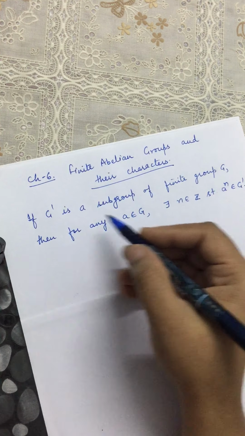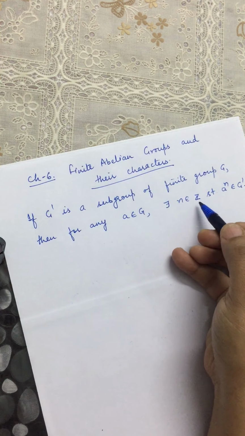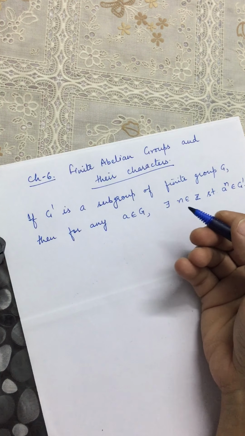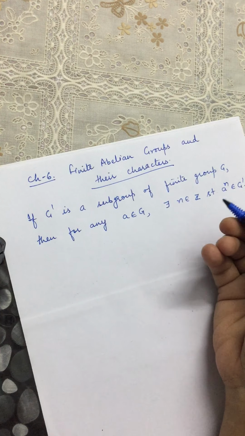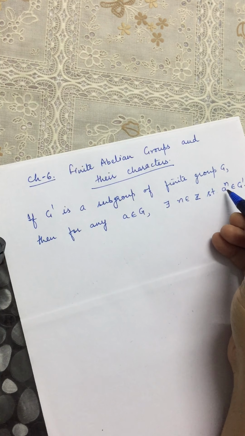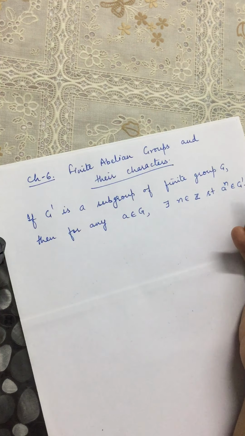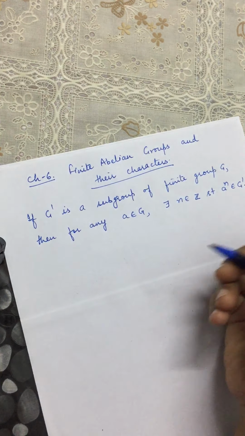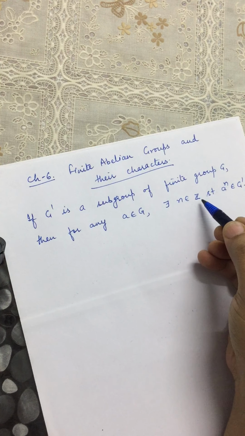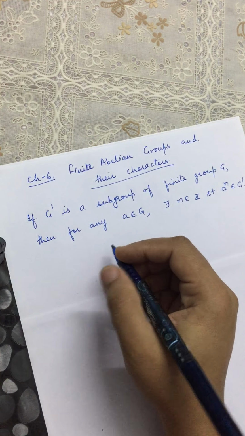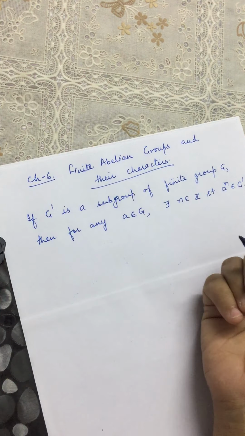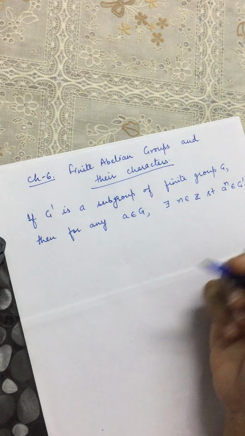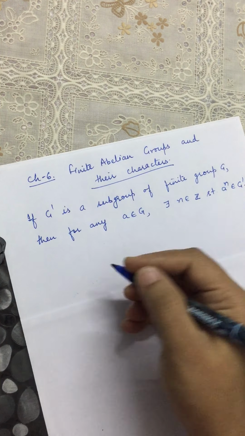If A is already in G dash, then this n can be taken to be 1, and if A does not belong to G dash, then n can be taken to be the order of A, because if n is the order of A, then A raised to n is just the identity element, and that always belongs to G dash. So there always exists an integer for which A raised to n belongs to G dash. However, there may exist some smallest positive power of A which lies in G dash, which is less than the order of A.